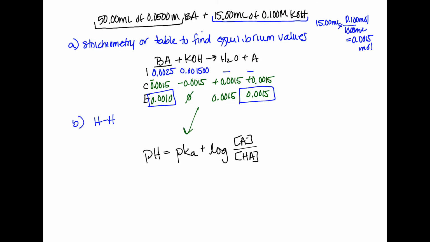So when we put these numbers in, the pKa for our acid was 4.20 plus the log of 0.0015, so that's the conjugate base, and 0.0010. That's our weak acid left over. And the pH is equal to 4.376. Now it makes sense that the pH has increased from the last calculation we did, which was the initial pH, but it hasn't increased that much because it's a buffer region, and buffer regions resist change in pH, so we aren't expecting it to jump up a lot here.